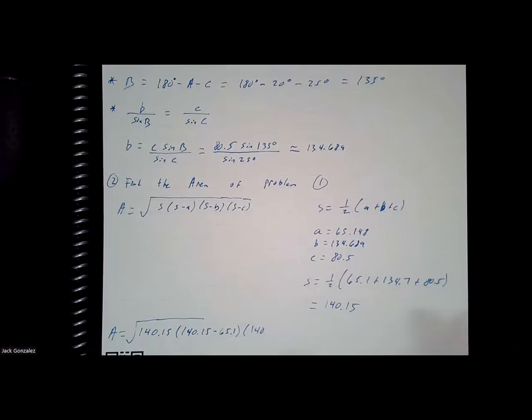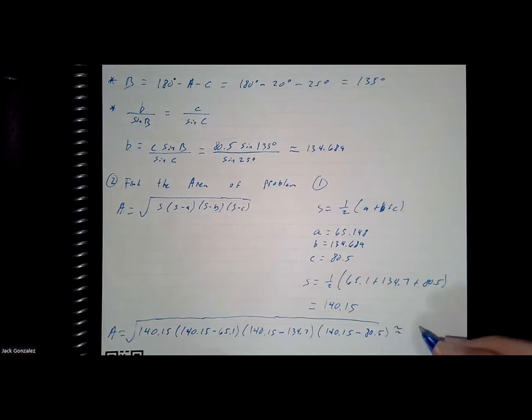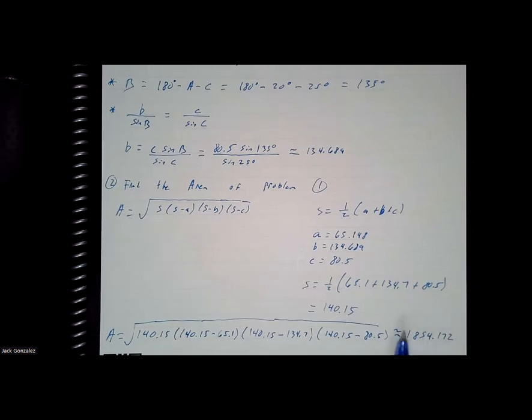It's not on the screen, darn it. 140.15 minus B, 140.15 minus C. This will be roughly, I didn't give anyone any issues for rounding or being off by a little bit. As long as you plug this in correctly, you should be good. Should be around here, 1854.172.